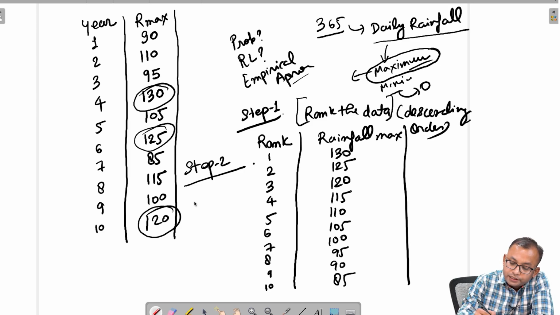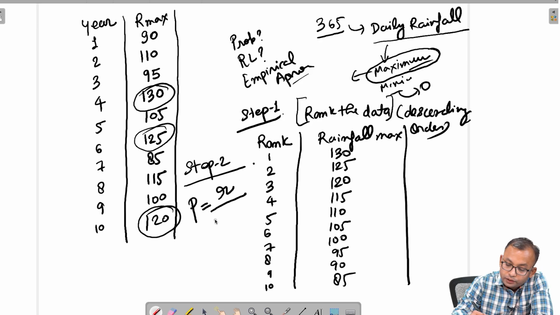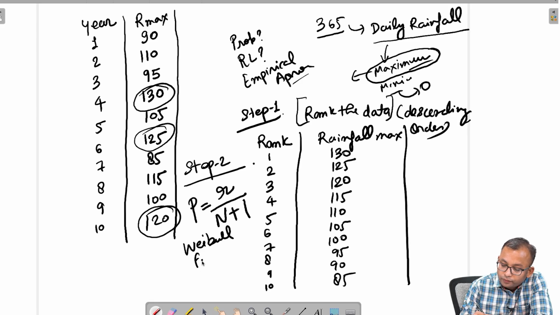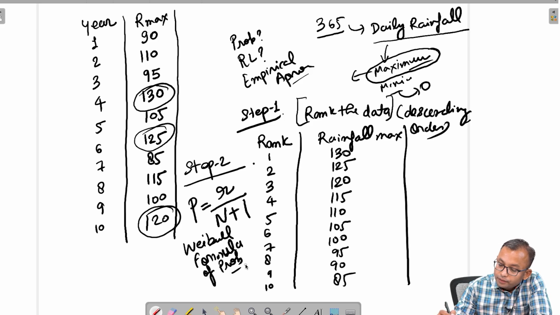The formula is: probability is equal to the rank of the data divided by the total number of values plus 1. This is called the Weibull formula for empirical probability calculations.